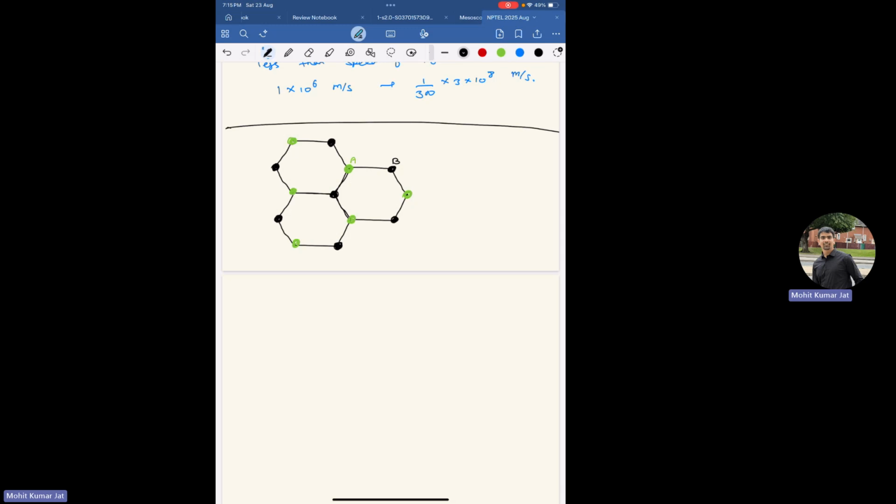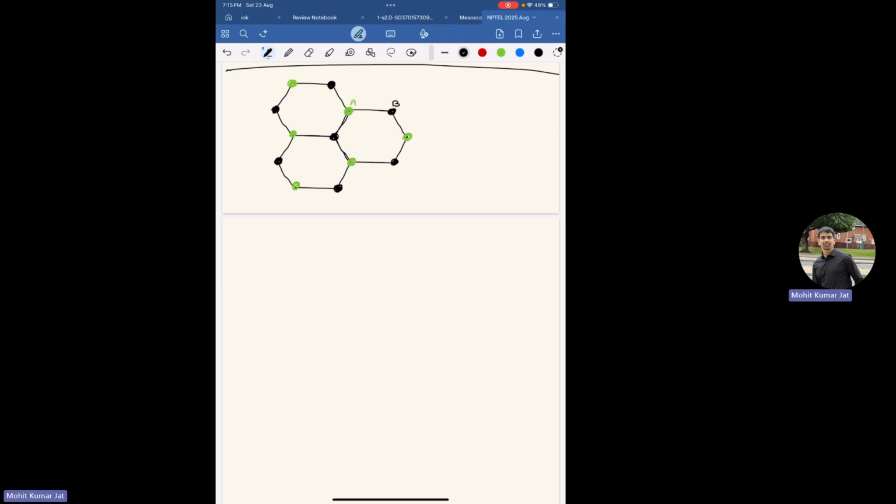Now, in a Bravais lattice you can translate from one point to another by translation vectors. But in the case of graphene, you can't do that. You have two Bravais lattices which are intersecting at an angle of 120 degrees, and that's what it is.